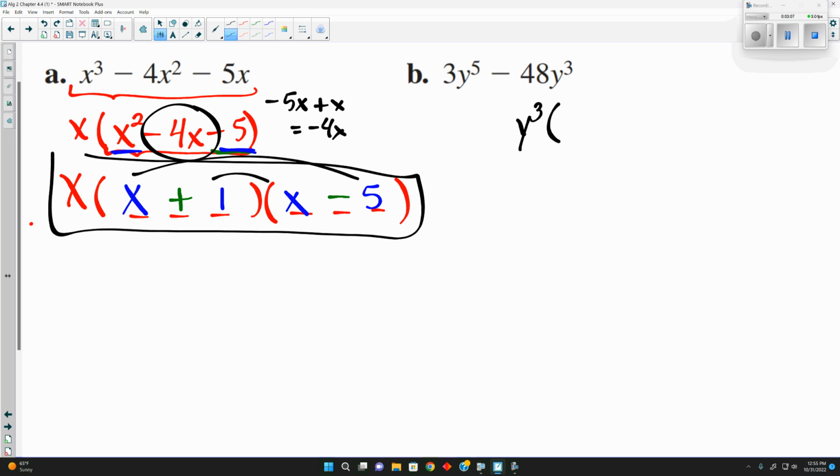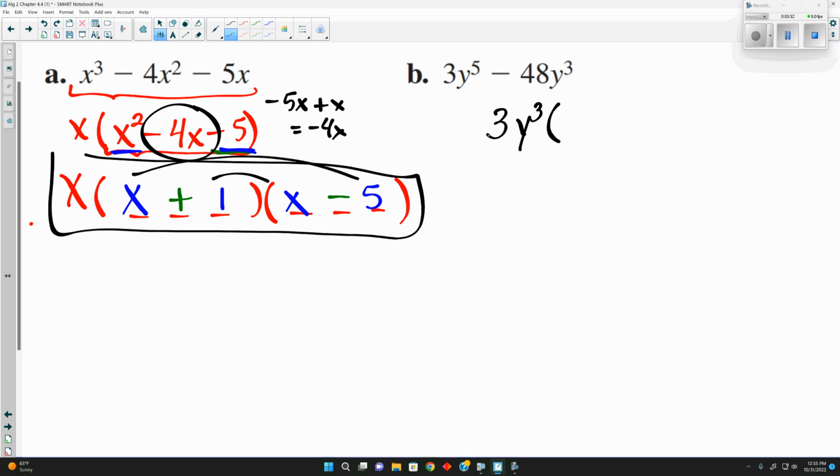So when we look at B, the first thing we'll need to do is pull out y to the third. So we can pull it out. Is there anything else in common between 3y to the fifth and 48y to the third? 3. 3 is a factor in both.